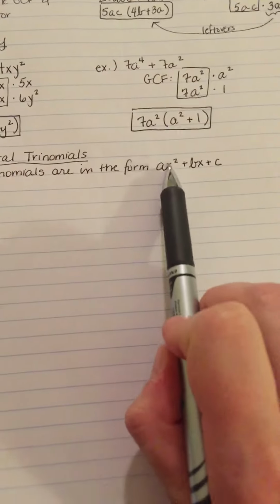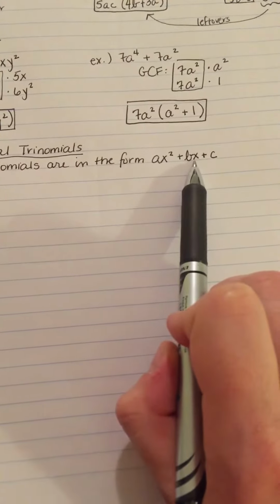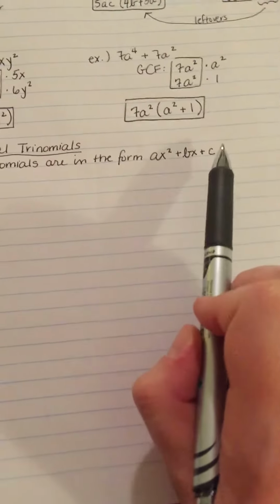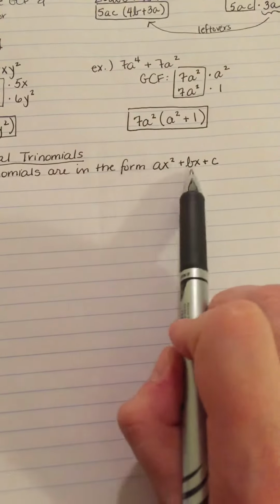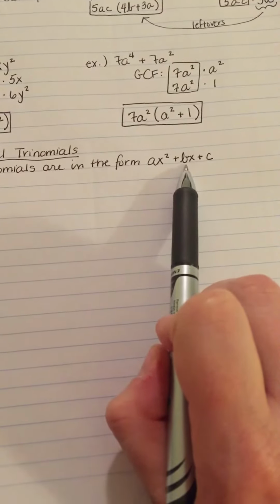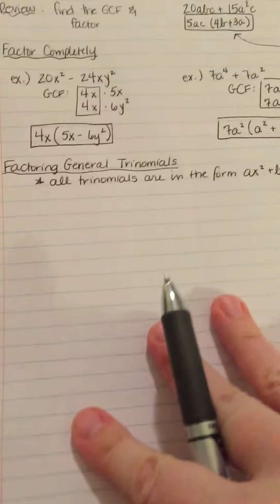You've always had a variable that's been squared, then the variable again, but just as a power of 1, and then a constant. So you have an a and a b, which are coefficients, so those are the plain numbers, and c again, which is the constant, so that's the number without the variable.